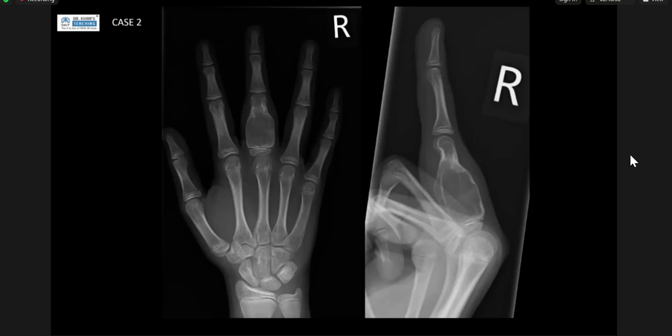So it is a lytic lesion, and since there's no periosteal reaction, soft tissue or anything on the particular radiograph, I won't be able to comment. I would suggest a cross-sectional imaging, particularly an MR of the lesion, to comment upon it. You would suggest, I'm really sorry, you keep cutting out.